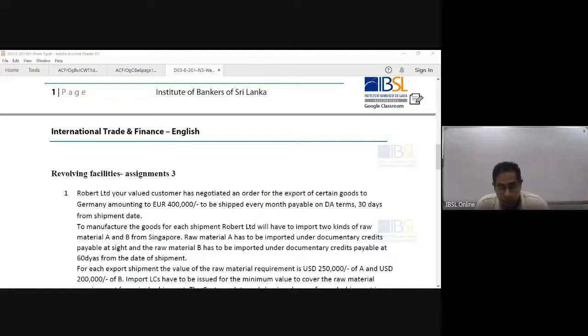Next point. If the goods are damaged during loading to the vessel, the risk is on the seller.